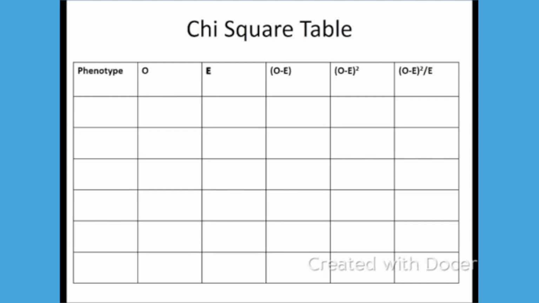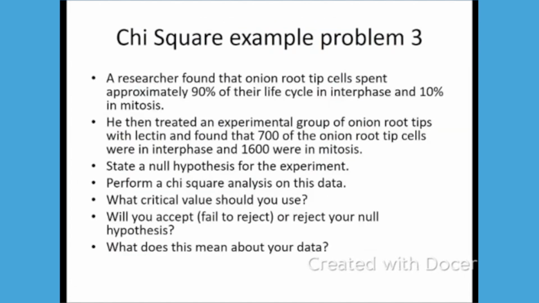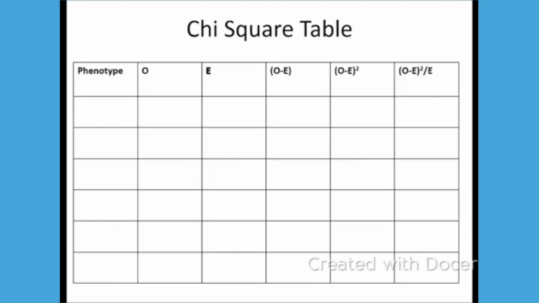So I'm going to shorthand this. I'm going to write R for red. So we're going to have red eyes, and I'm going to put M for male, red-eyed male. White-eyed male, red-eyed female, and white-eyed female.